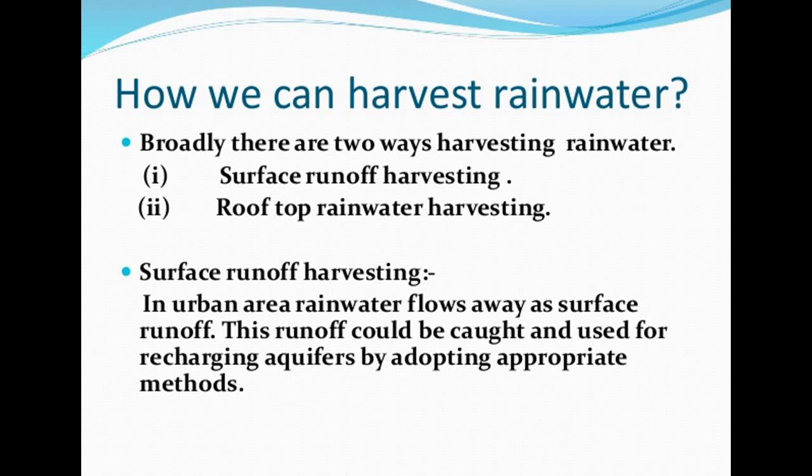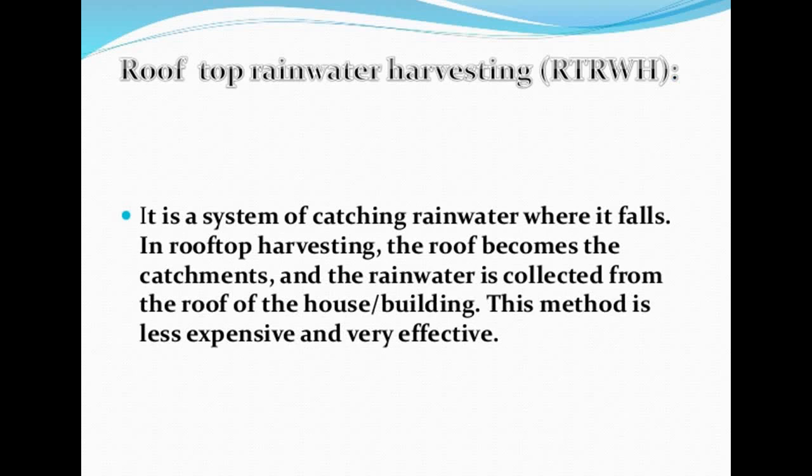So these underground dams have been made to collect this rainwater so that it can be aquified from the hydrological cycle, and then you can use it again with some appropriate methods. So this is surface rainwater runoff harvesting.